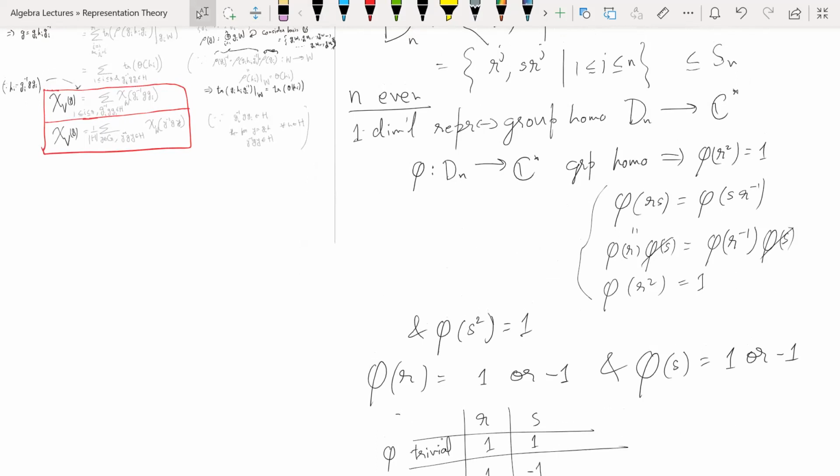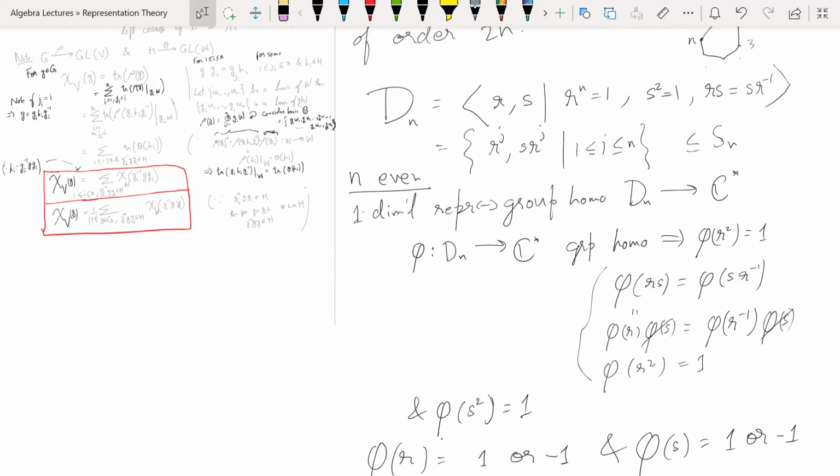When n is odd, more or less the same argument tells you that R square has to be 1. That doesn't require n to be even or odd. But if n is odd, then R square is 1 and R power some odd number also has to go to 1.